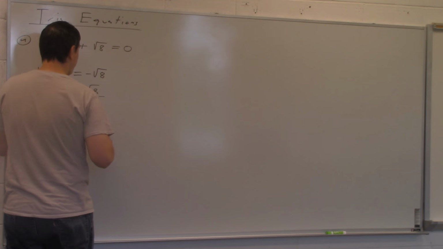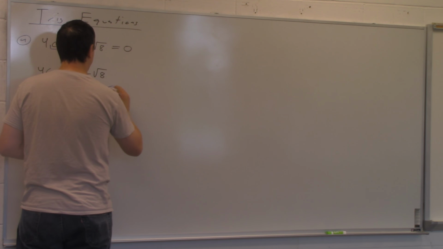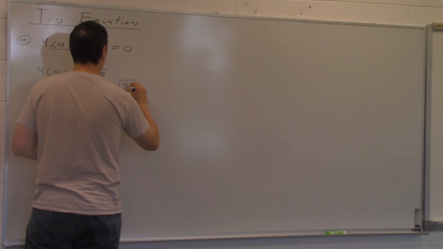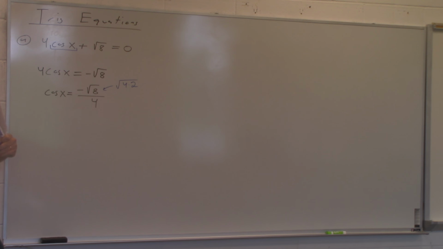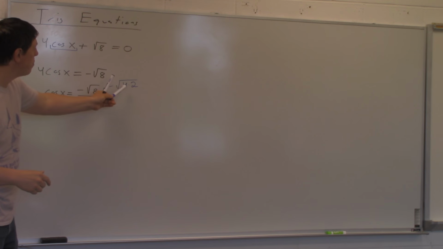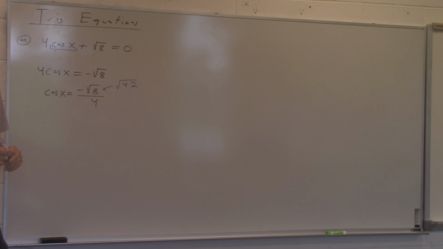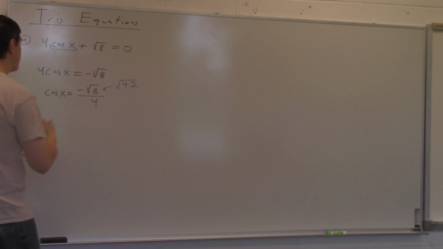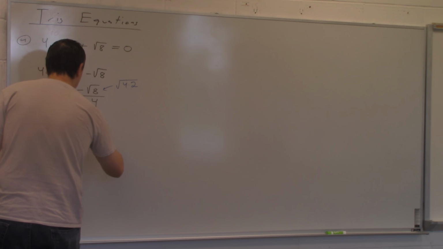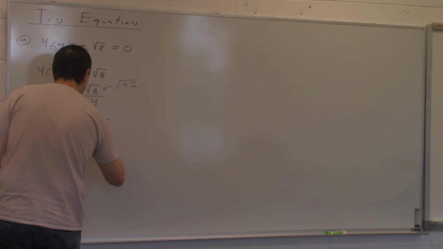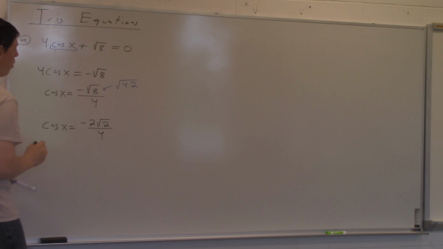Remember, the square root of 8 is really the square root of 4 times 2. In other words, I just factored the 8. So what I could do is simplify this into 2 roots of 2. So we can say that cos x equals the opposite of 2 roots of 2 divided by 4.